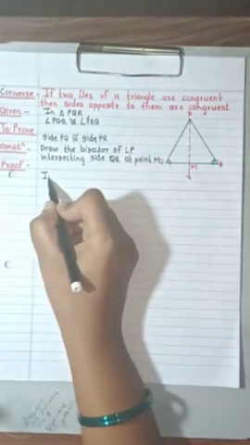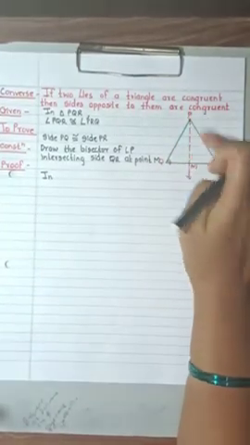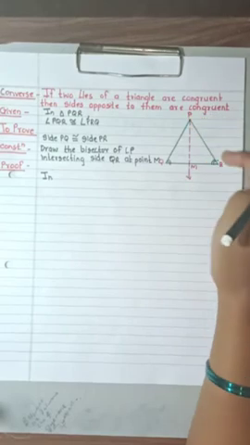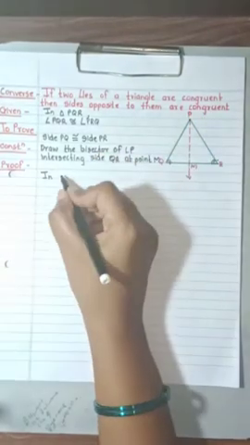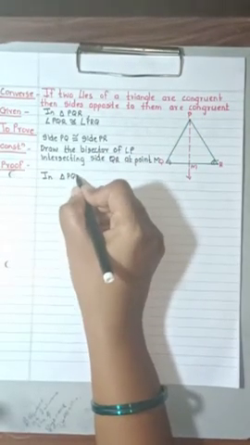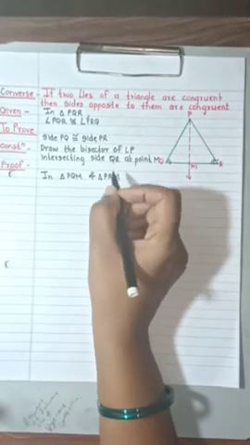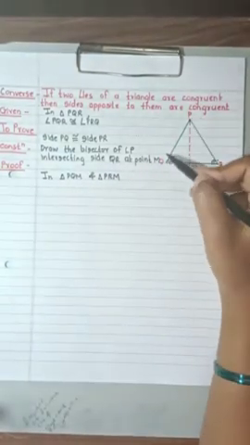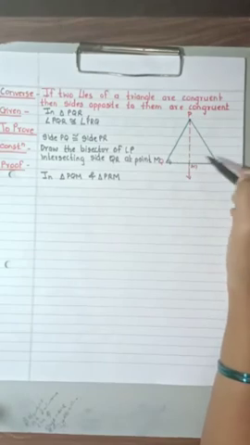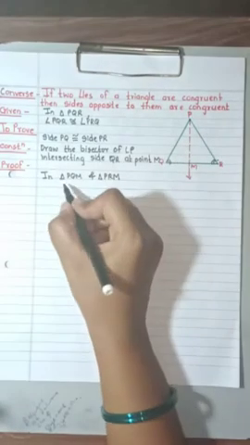Here also you get two triangles, that is PQM and PRM. So in triangle PQM and triangle PRM, you can see angle PQM is congruent to angle PRM, that is given.